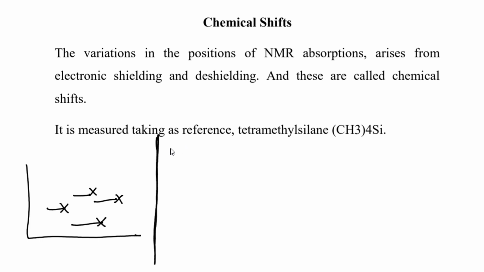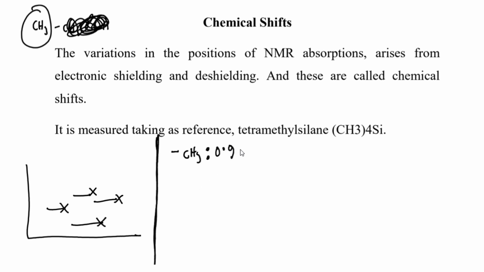So the first thing is a proton like this, when we have CH3, like in the case here, 1, 2, 3. CH3 should be around 0.9.